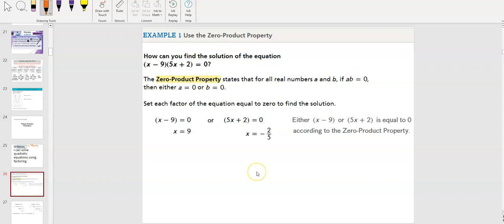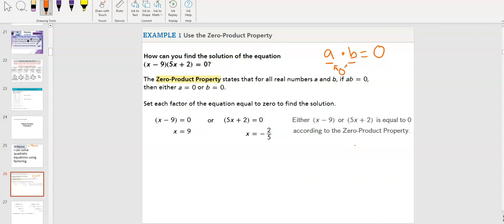Okay. First vocabulary word is the zero product property. The zero product property states that for all real numbers A and B, if A times B equals 0, then either A or B is 0. So what it's basically saying is if I have two numbers, A and B, and I know that they equal 0, then one of these has to be 0.